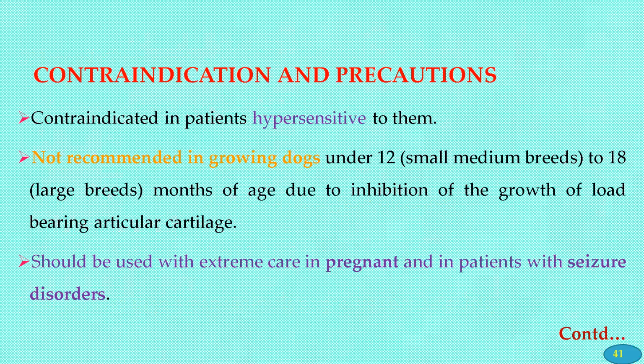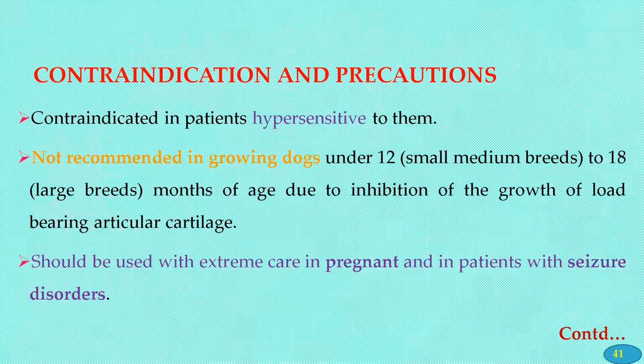So, contraindications and precautions: it is not recommended in patients hypersensitive to it, and especially not recommended in puppies or growing dogs under 12 to 18 months of age, especially small breeds within 12 months or 1 year.